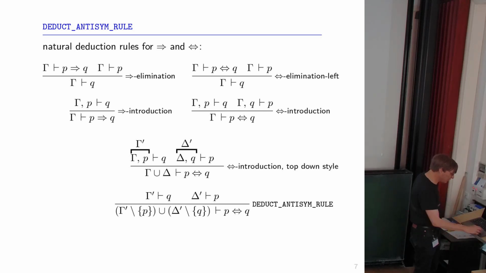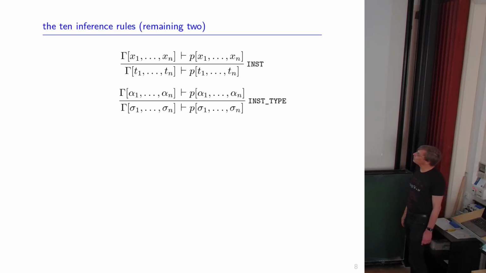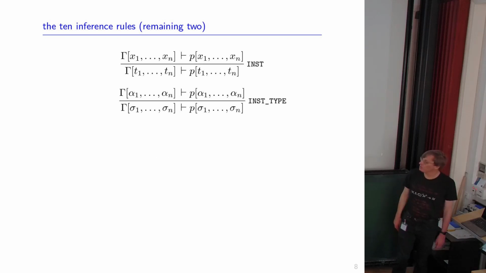So this is the explanation of this weird rule that Joseph was photographing. And then we have two more rules, because I only had 8. Instantiation. You can simultaneously instantiate variables and type variables. Like I said, if there's a type variable, then you can instantiate. And now full beta reduction is an example of something you get without.